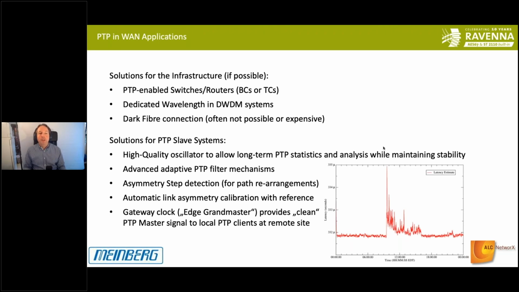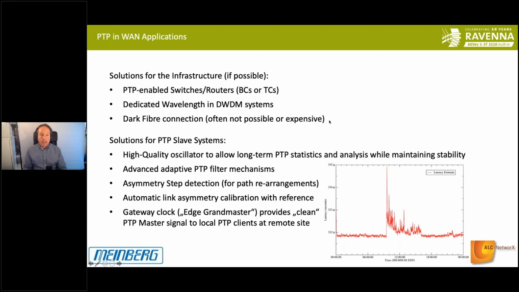If you can use a dedicated wavelength in a DWDM system, then you can separate the traffic from other traffic and use a dedicated path for the timing signals. Then you have, in this case, also something like a dark fiber connection. Of course, this is often not possible or very expensive, but in the long term, it might be the better path for a future infrastructure.